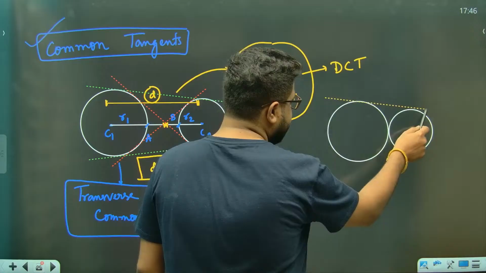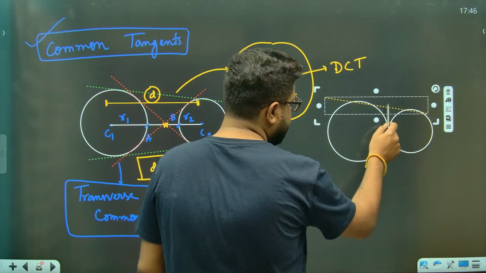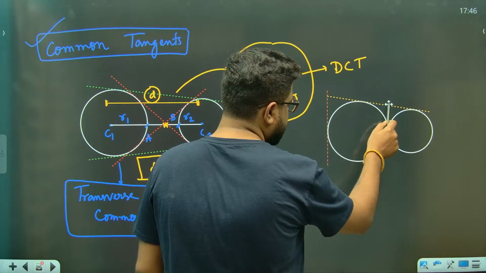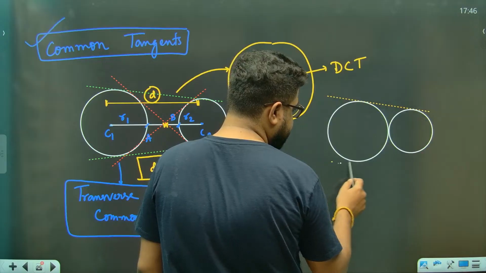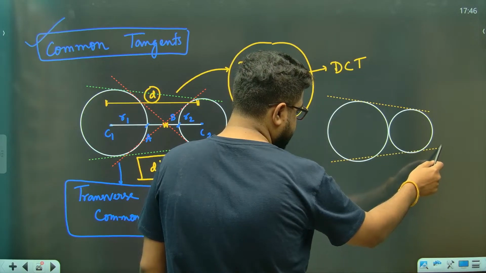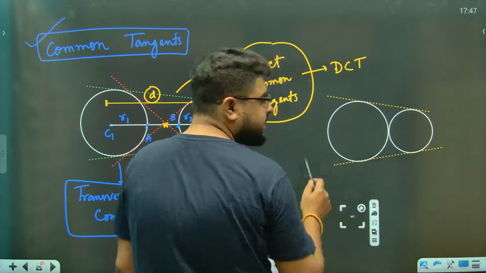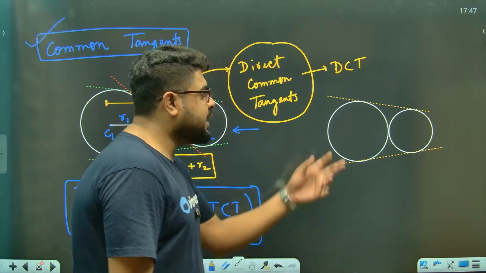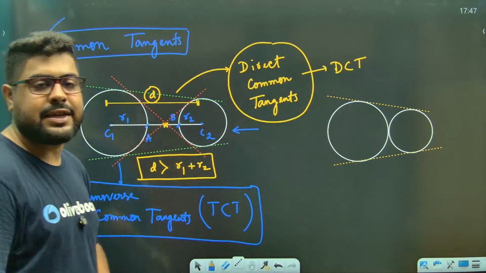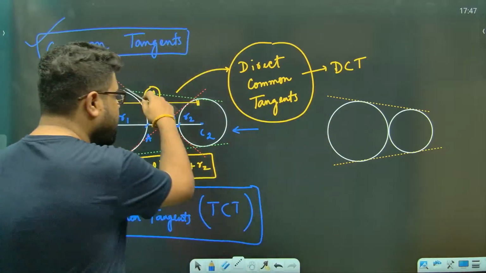One tangent I can see here, and another tangent is here. So these two are DCTs. What about TCT? Now you see we cannot draw two TCTs.